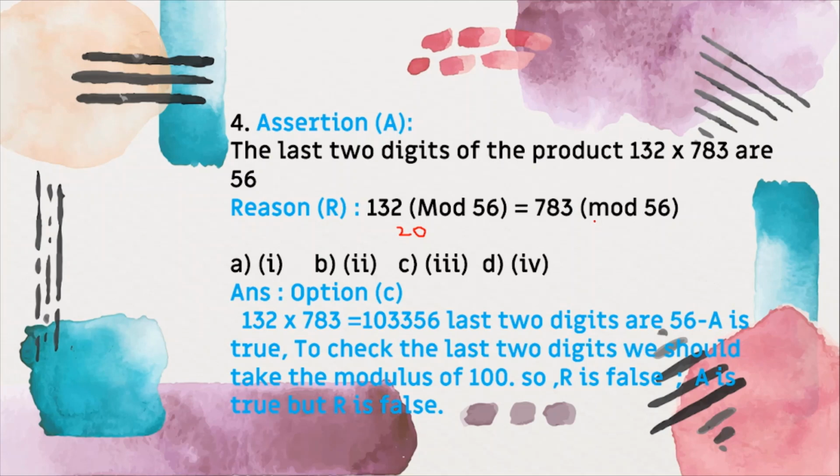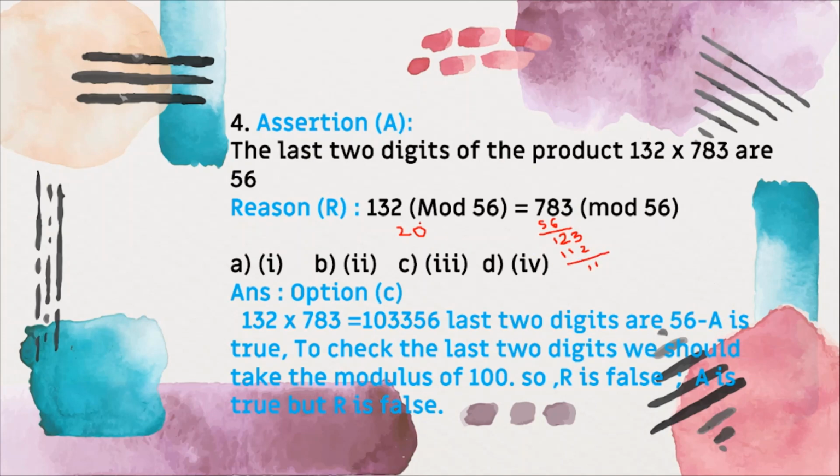Now for 783 mod 56: taking 56 and going on, I get 56, 56, 112, and so on, and finally the remainder is 11.